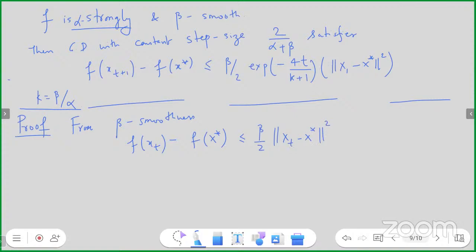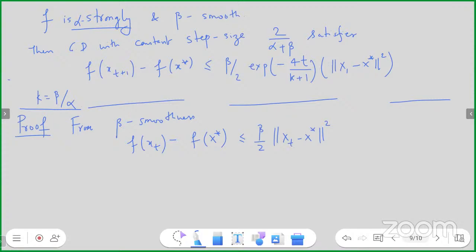Why? F of xt minus f of x star will just be less than or equal to beta times.